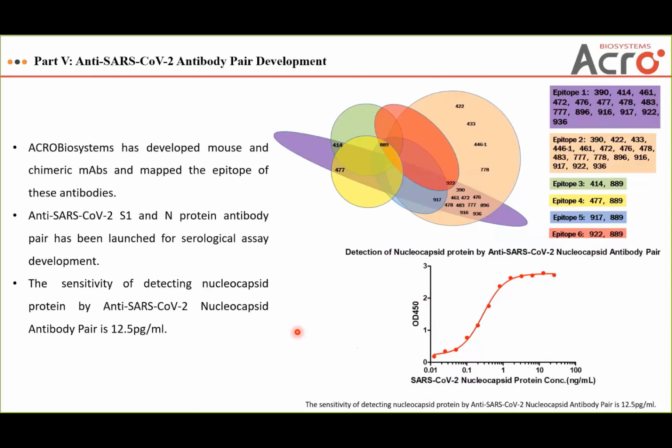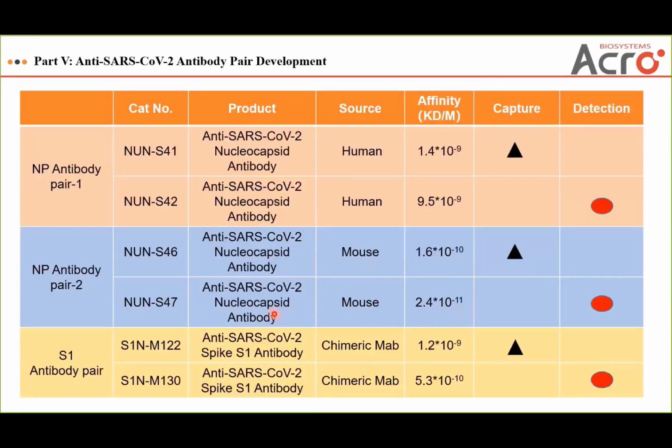In addition to offering SARS-CoV-2 antigen products, ACRO collaborated with its partner to develop anti-SARS-CoV-2 antibodies as well. ACRO Biosystems has developed a variety of murine and chimeric anti-SARS-CoV-2 monoclonal antibodies and mapped the epitope of these antibodies. The sensitivity of detecting nucleocapsid protein by anti-SARS-CoV-2 nucleocapsid antibody pair in our ELISA assay is 12.5 picogram per milliliter.